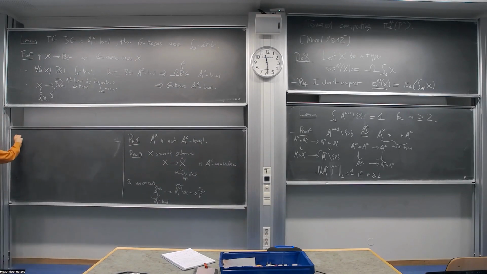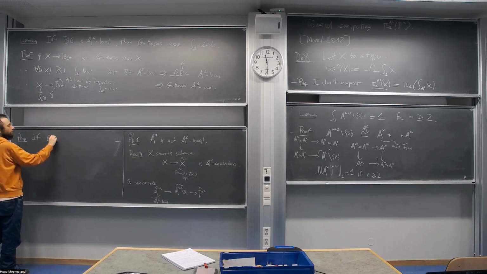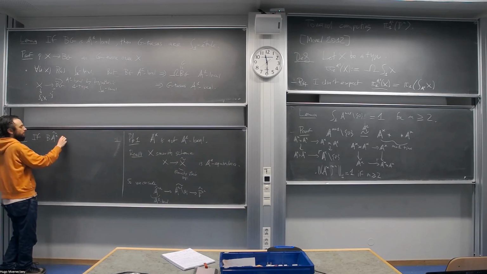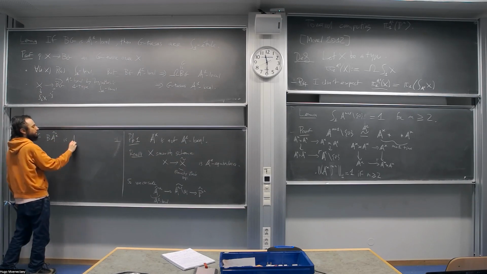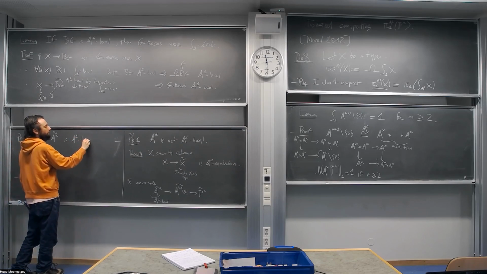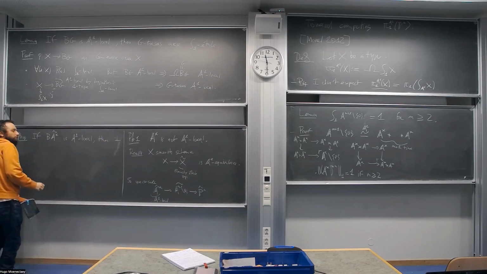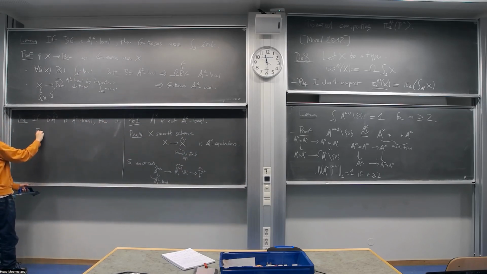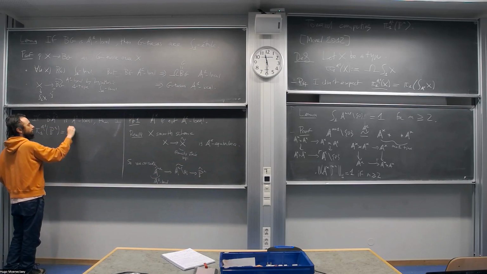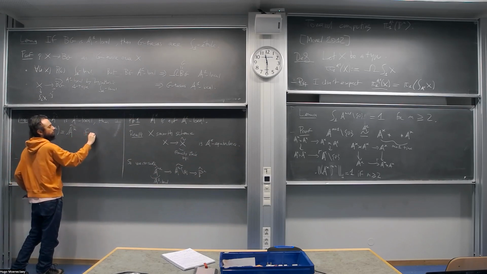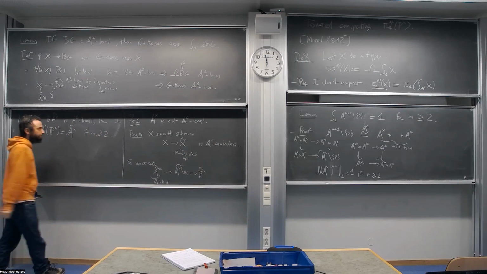So let's say the proposition: if the delooping of the formally étale replacement of A^× is A1 local, then the shape 1 is 1 for n greater than 2.